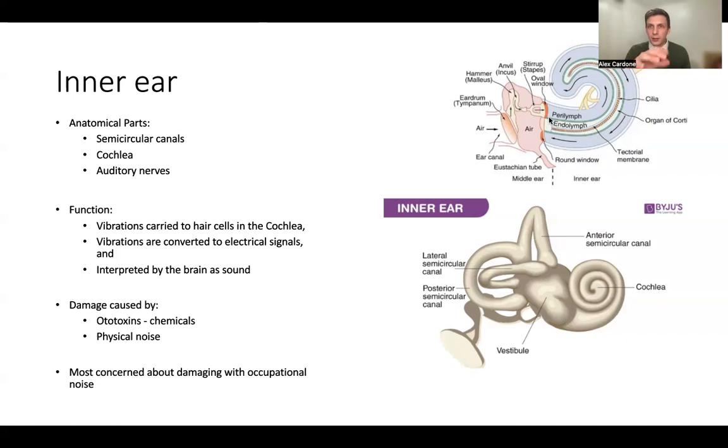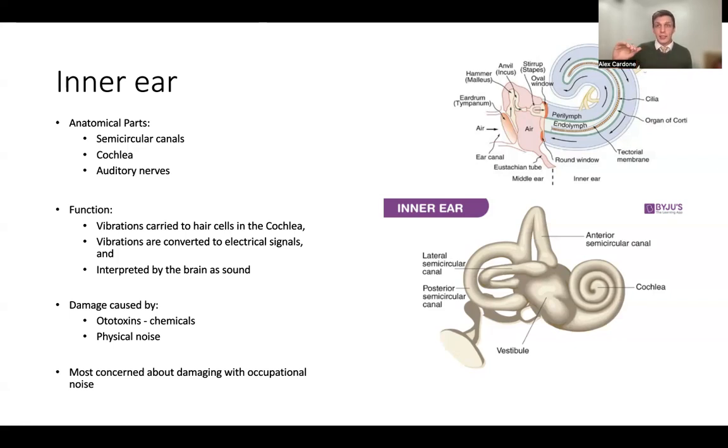Once it travels through the cochlea, it's picked up by the auditory nerves. So the overall function, again, is that vibrations are carried from the middle ear to the inner ear and travel into the cochlea itself.